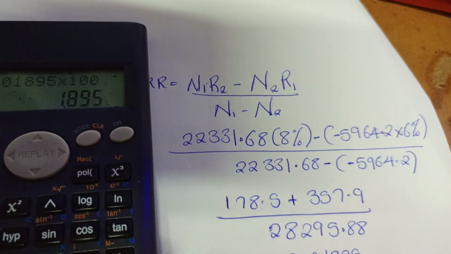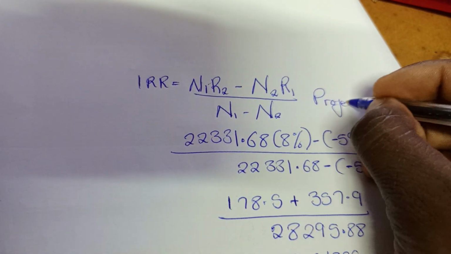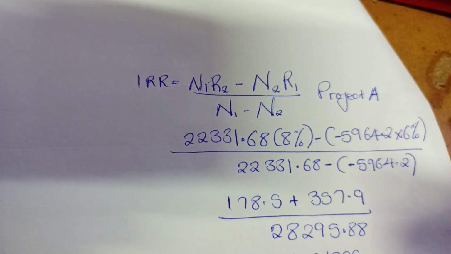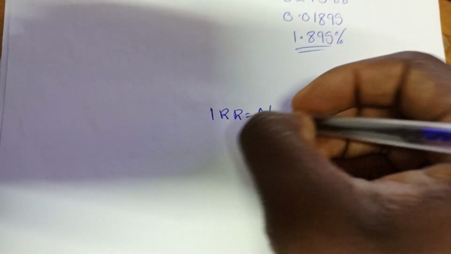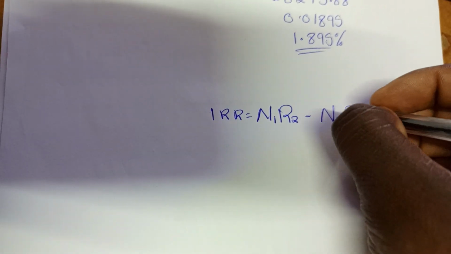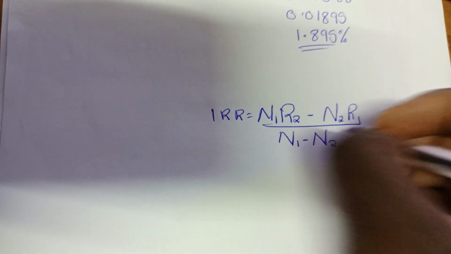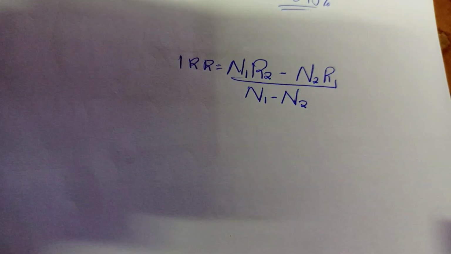Then let's now calculate for project B. So we know to say we'll still have the same IRR is equal to N1 R2 minus N2 R1 over N1 minus N2. So we still use the same.